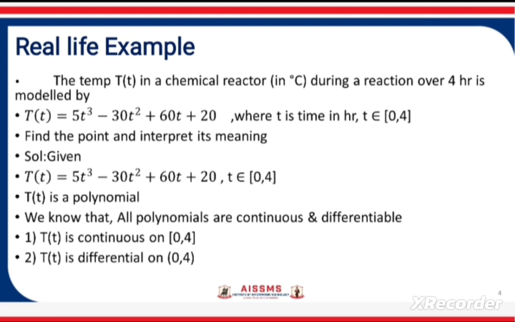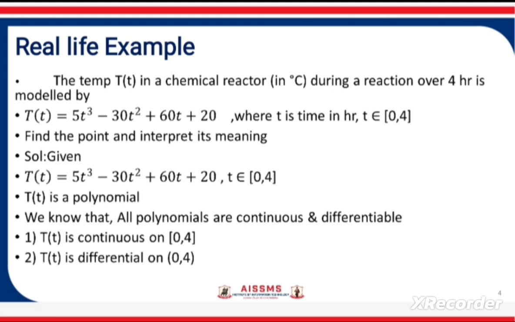So this is a polynomial, and we know that all polynomials are continuous and differentiable in their domain. So first condition of LMVT is satisfied, that is T of t is continuous on closed interval [0, 4]. Also second condition is satisfied, that is T of t is differentiable on open interval (0, 4).